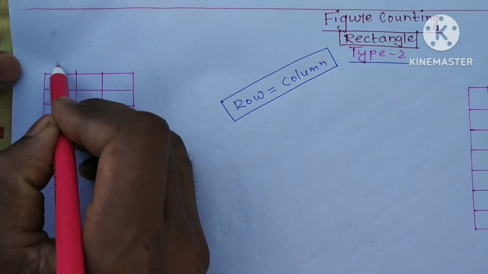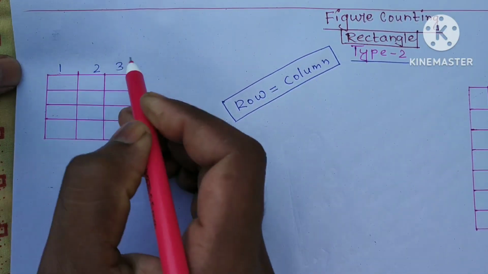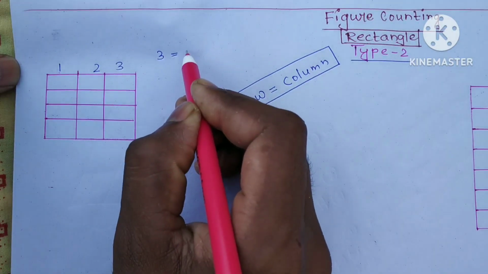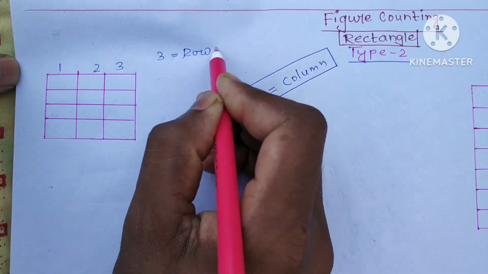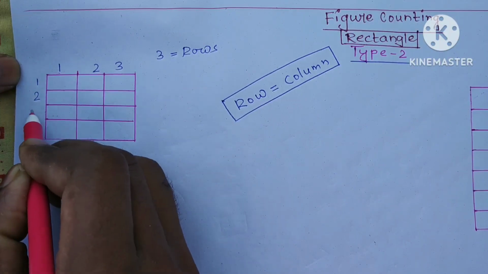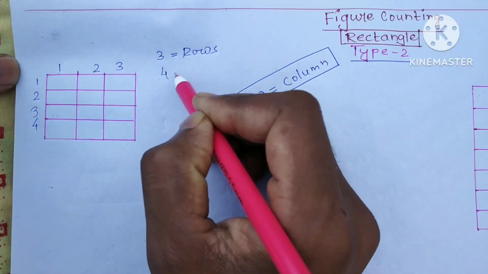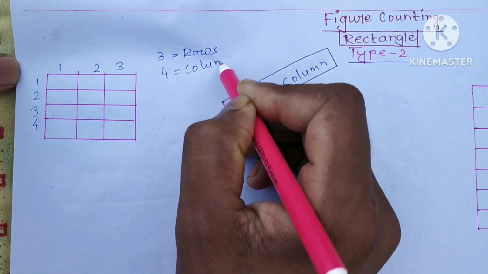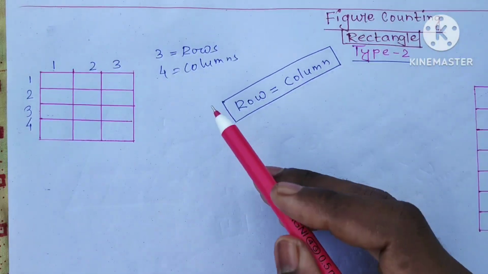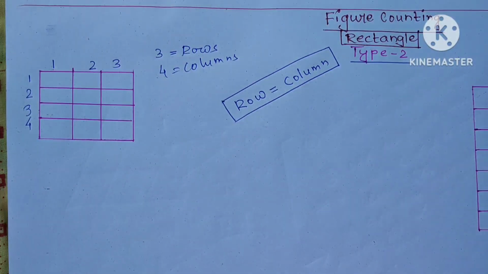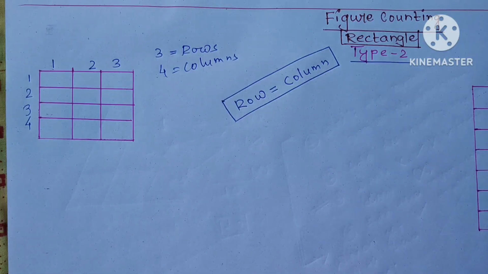Like 1, 2, 3. Here are 3 rows. But 1, 2, 3, 4, 4 columns. So, if the number of rows and the number of columns are not equal, then the tricks we discussed in part 1 will not be applicable.